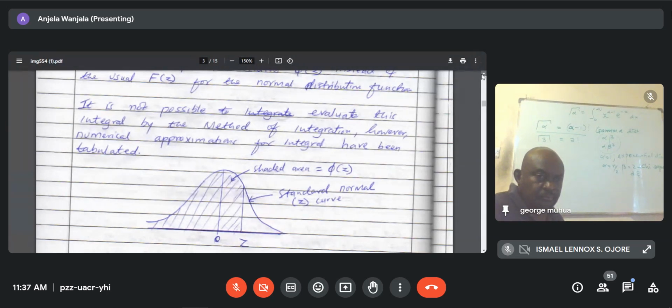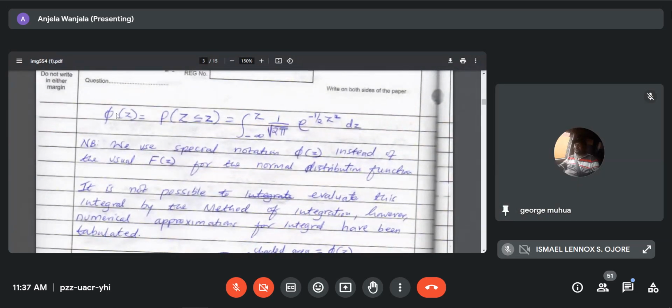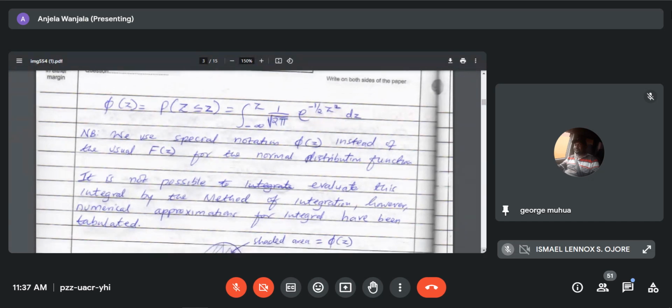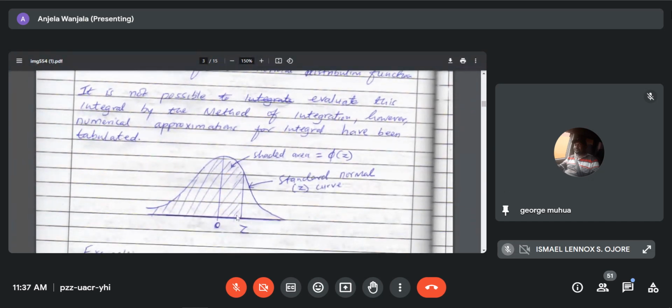So when we say phi of z, that z is taking values from negative infinity to the highest value of z. This z on this curve is here, so z is ranging from this other side up to the z. The shaded region here is the phi of z, the cumulative function of the standard normal. So this is the shaded region that we are interested in.